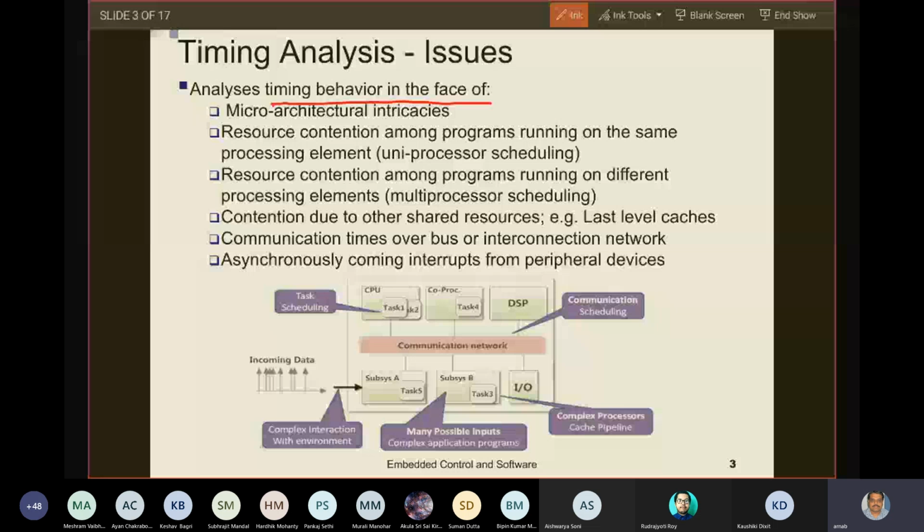For example, microarchitectural constraints. What do we mean by microarchitectural constraints? For example, what is the pipeline structure of my processor? How does pipeline structure help?